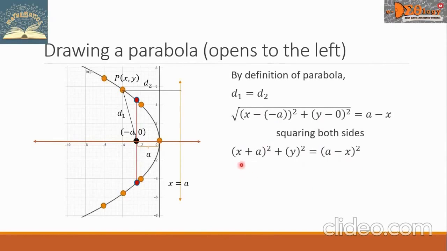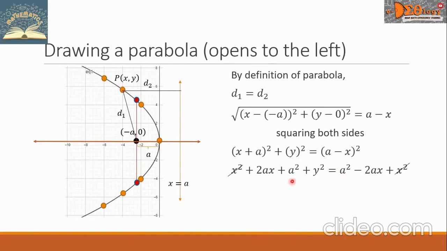So the left side now becomes x squared plus 2ax plus a squared plus y squared, equals the right side, a squared minus 2ax plus x squared. We can see here this x squared and the other x squared on the right side can be cancelled out.